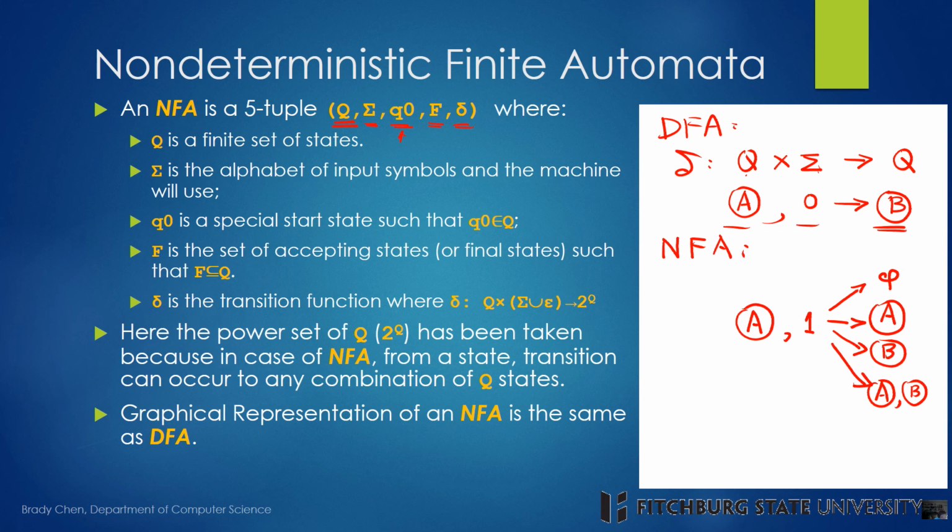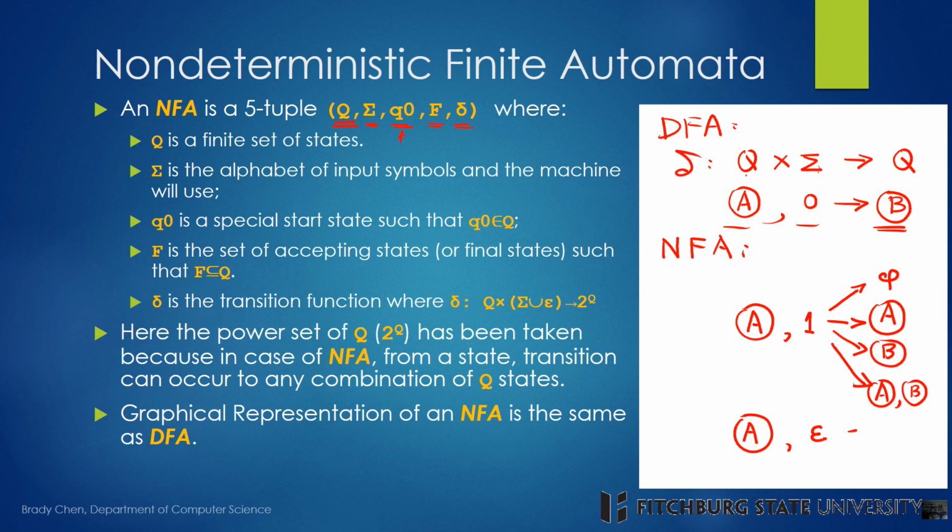Also, the transition occurs even if there's no input. We use epsilon to represent no input.